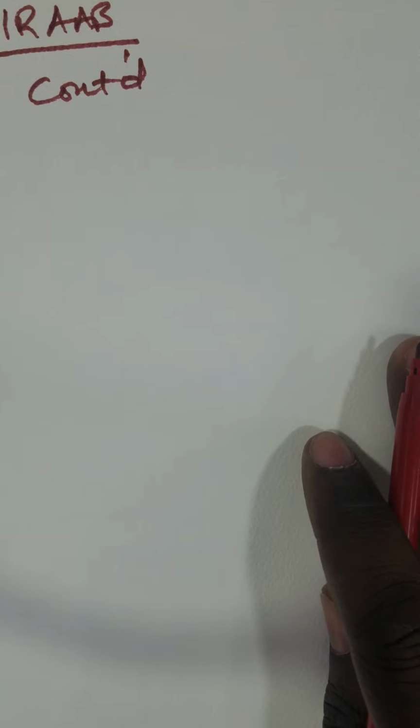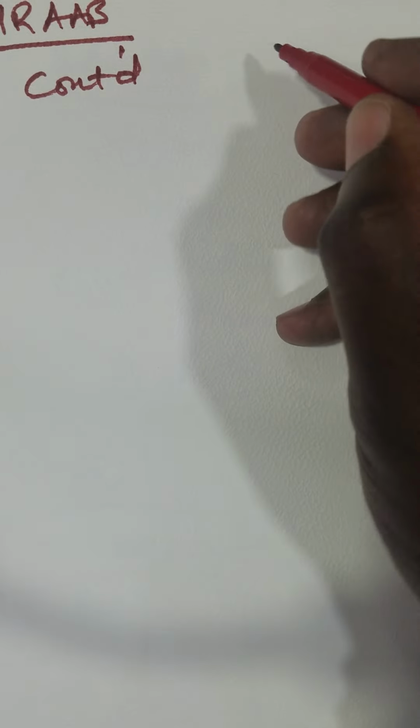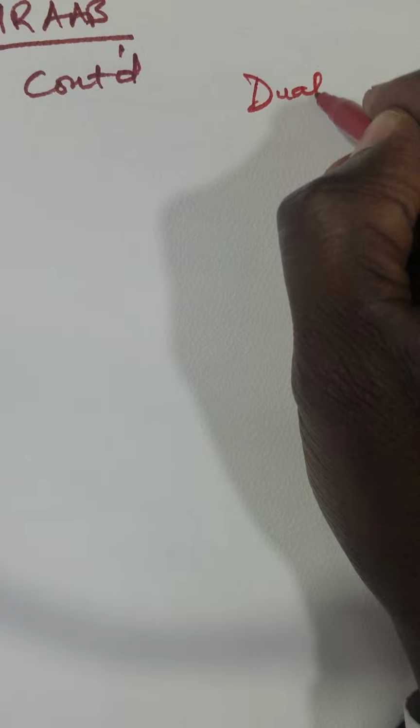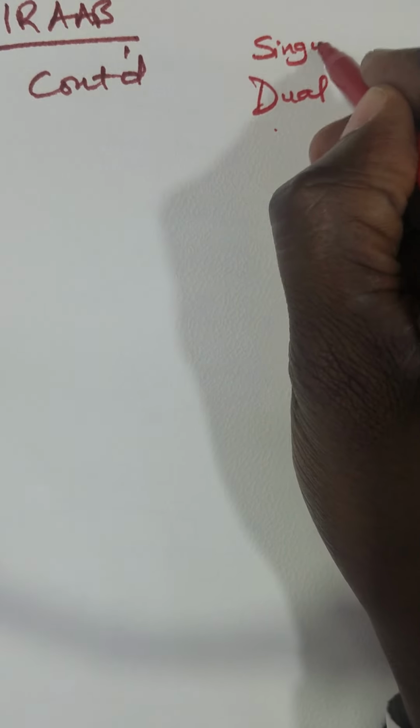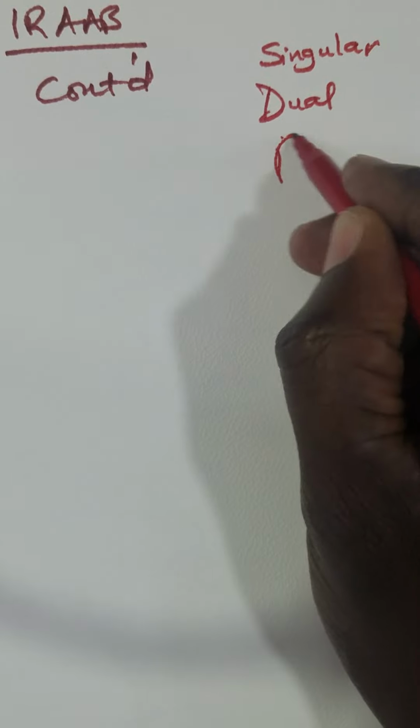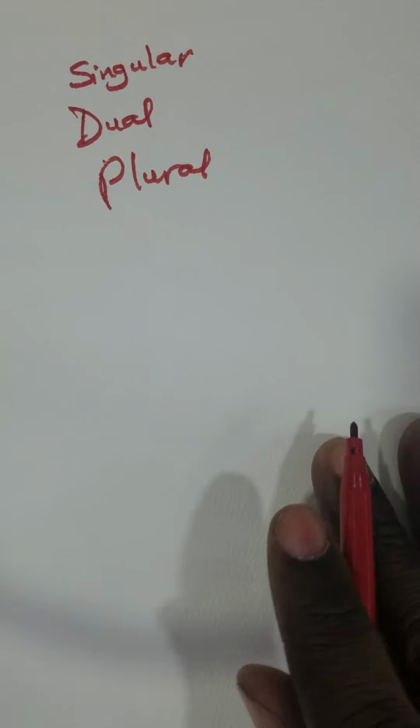But when we're talking about number, we talked about dual, we talked about singular, and plural. That this is how these words will always appear in terms of number. It will either be singular, either dual for two, or plural for more than two.